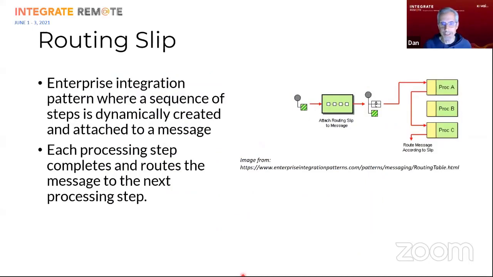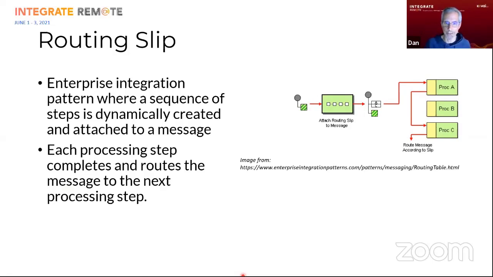Now, to understand what this produces, it's helpful to understand the integration pattern called routing slip. This is a well-known enterprise integration pattern. If you go to the enterpriseintegrationpatterns.com website by Gregor Hohpe, you'll see it written up as one of the patterns that's there. Essentially, it generates an itinerary dynamically based on a message.